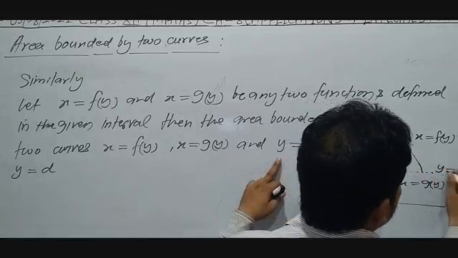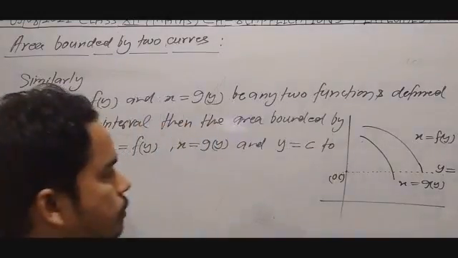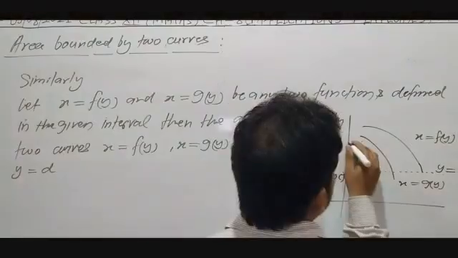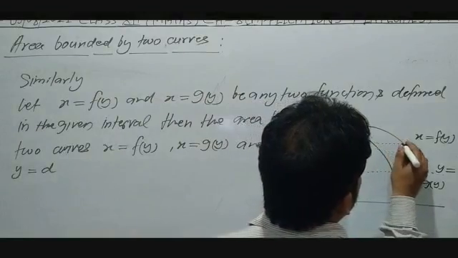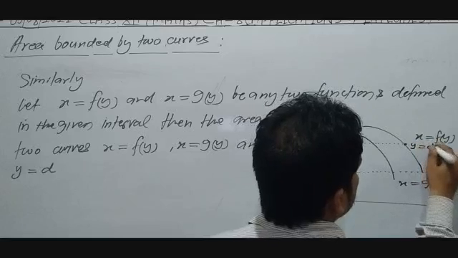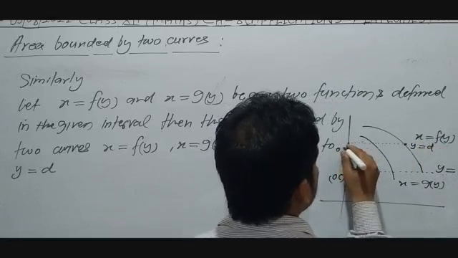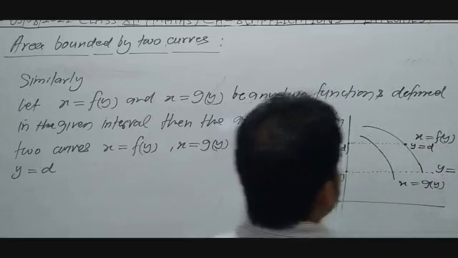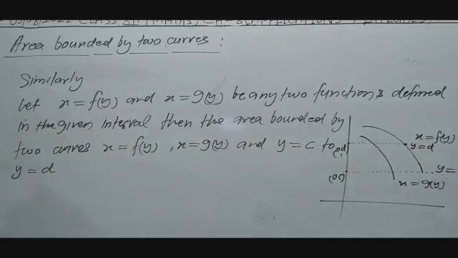This is the line whose equation is y is equal to c. And similarly, again draw a line perpendicular to y axis passing through the point (0, d). This is the line y is equal to d.